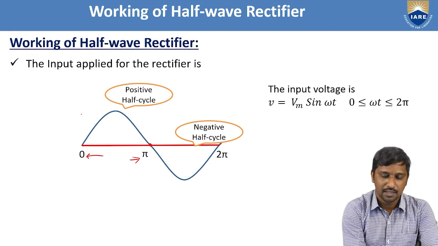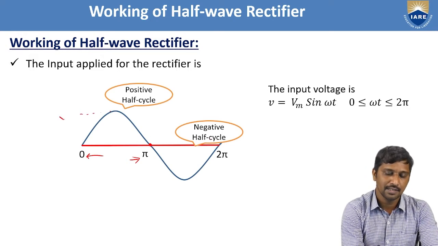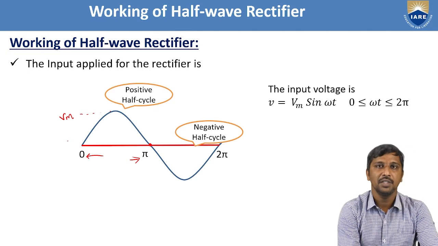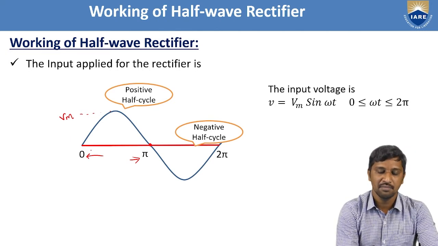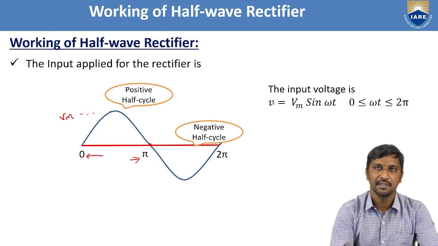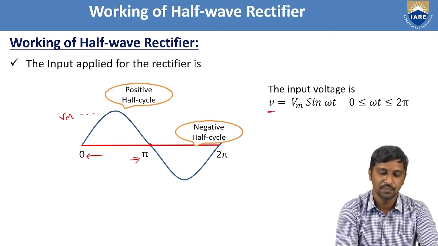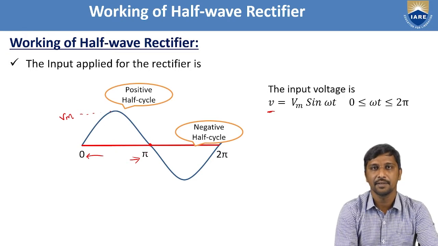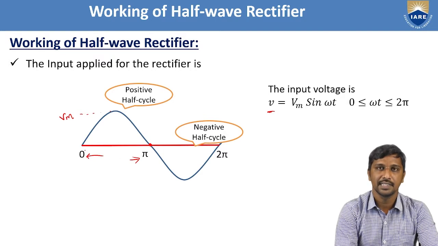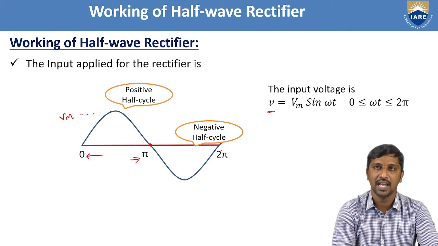The given signal has some magnitude, represented as Vm. From this graphical representation, the input signal is represented as V, with a magnitude, and the wave is sinusoidal in nature. This signal varies linearly with respect to the time period.